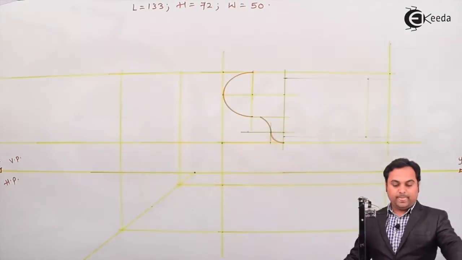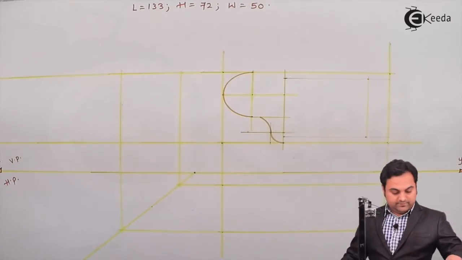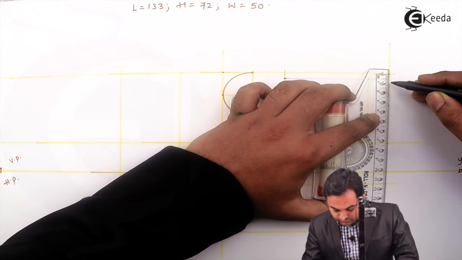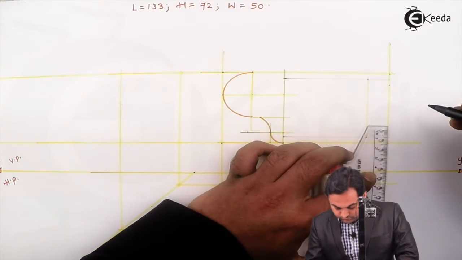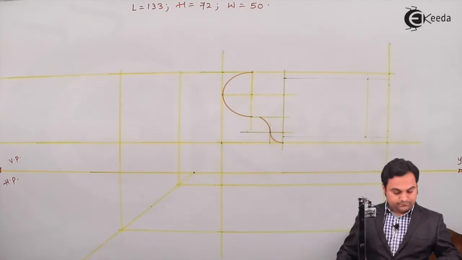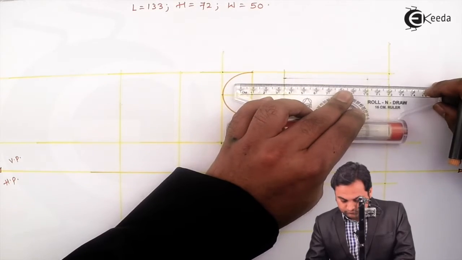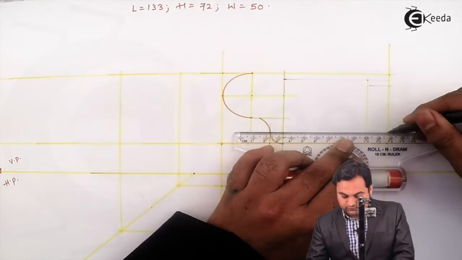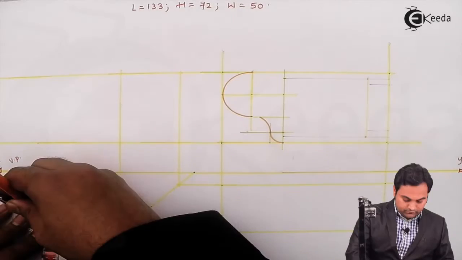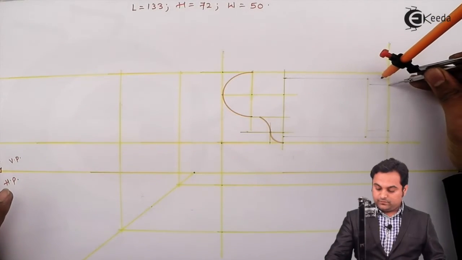Next, after that, here this portion is having length 10 and the height is 12. So I'll measure 12 mm and 12 on the other side. Drawing light lines through both of them. Then the length is 10 mm, which I am measuring in the compass and marking it over here.